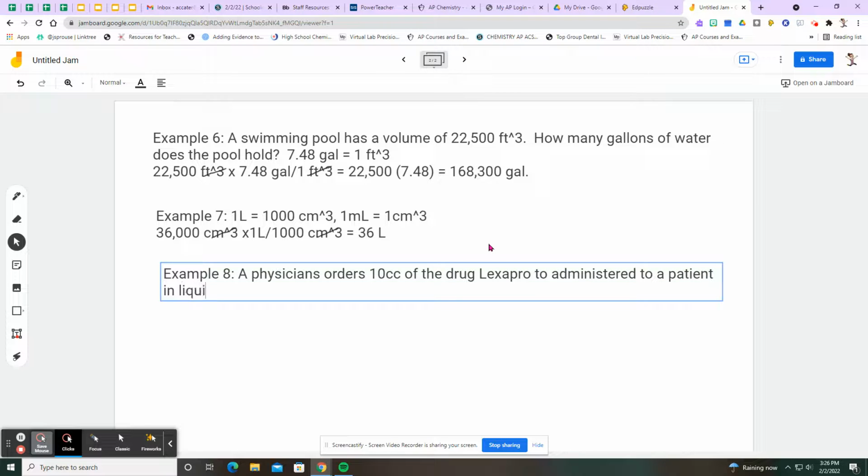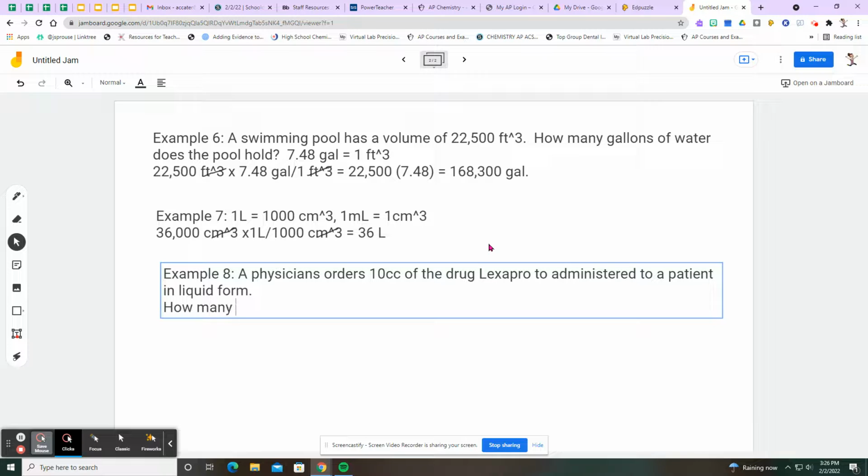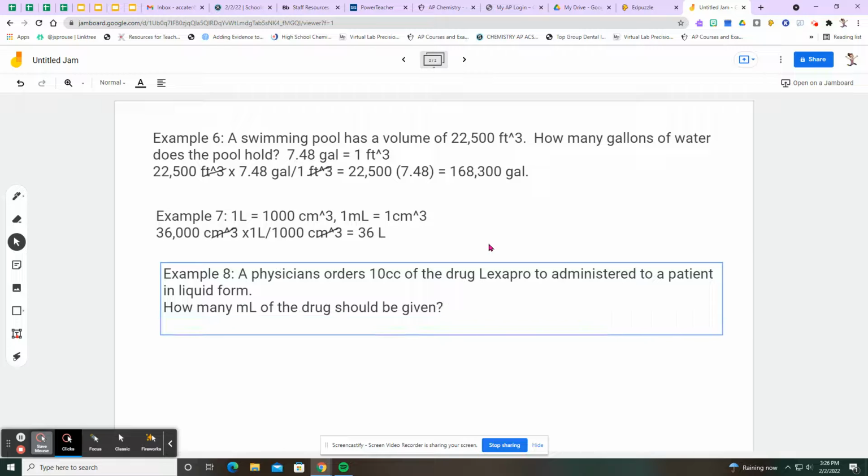in liquid form. So liquid form means they have to drink it, means milliliters. So we need two things. We need to know how many milliliters, I'm just going to put ml, of the drug should be given. Administered is the same thing as given. And how many fluid ounces of the drug should be given.